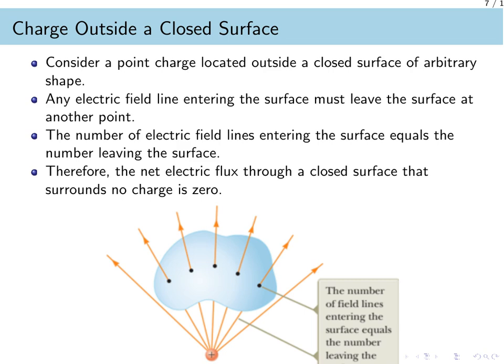This means that the total number of electric field lines entering the surface is exactly equal to the total number of field lines leaving the surface. Because entering lines contribute negative flux and leaving lines contribute positive flux, they perfectly sum to zero. Therefore, we can firmly conclude that the net electric flux through any closed surface that surrounds no charge is exactly zero.